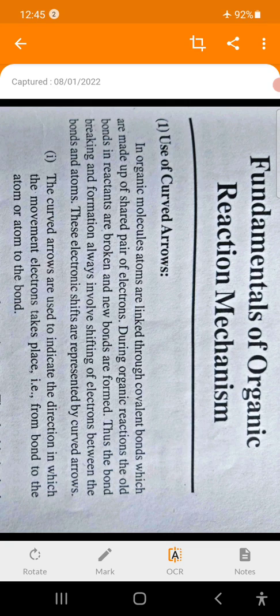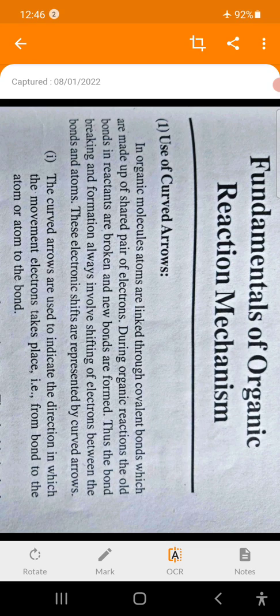We know that, what is a chemical reaction? In a chemical reaction, some old bonds between the atoms break and some new bonds are formed. Then what is a bond between atoms?